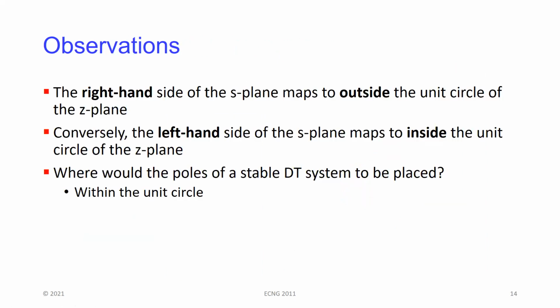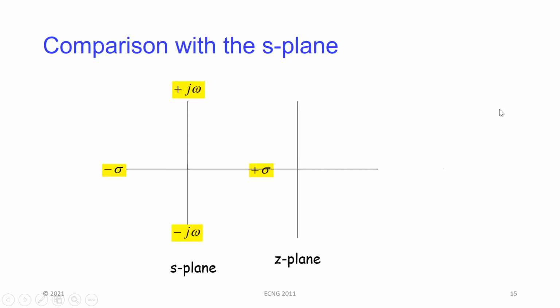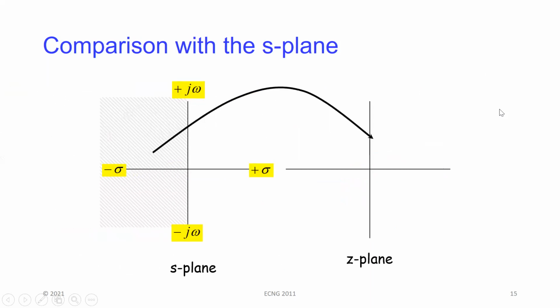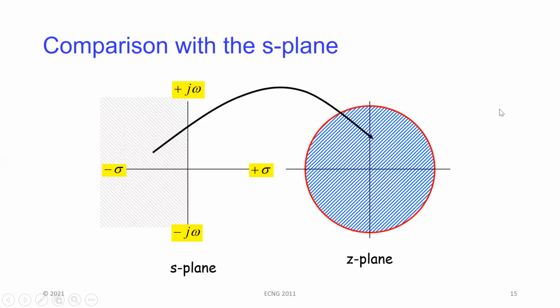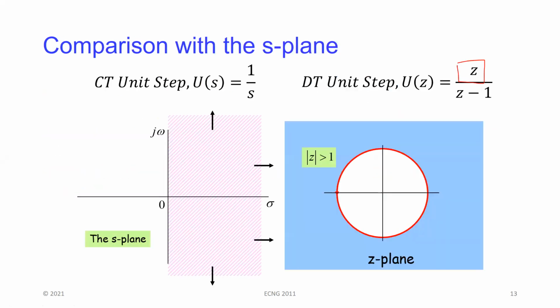So in other words, if you want to map one plane to the other, let me go back here before I get to this one. The right-hand side of the S-plane maps to the outside of the unit circle.